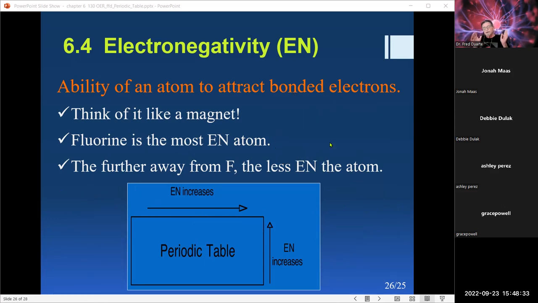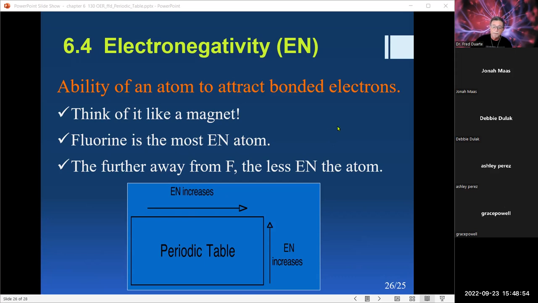If it wasn't for a difference in electronegativity in a bond, it'd be very difficult to make new compounds, new medicines, new products and so forth, because the difference in electronegativity allows us as chemists to synthesize certain compounds. Without it, it would be very, very difficult.